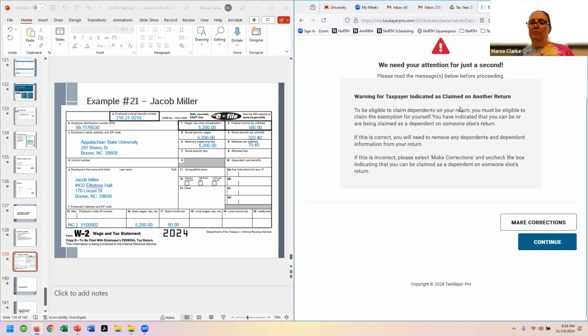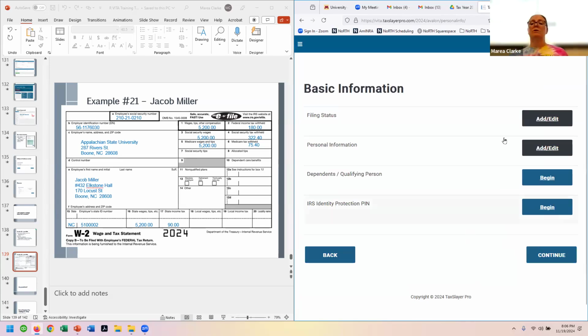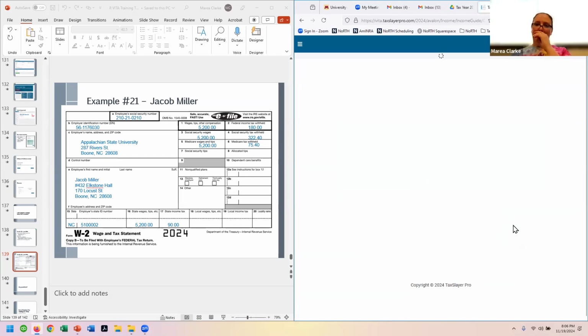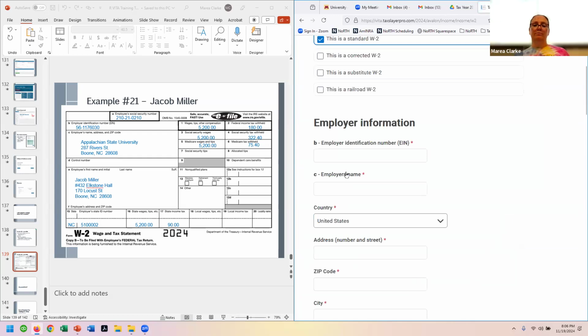All right. To be eligible to claim, you must be, okay. Yeah, it's basically saying, hey, you can't claim any dependents because you're being claimed as a dependent. That's fine. All right, here we go. We're going to enter his W-2. 56, 117, 60, 30.